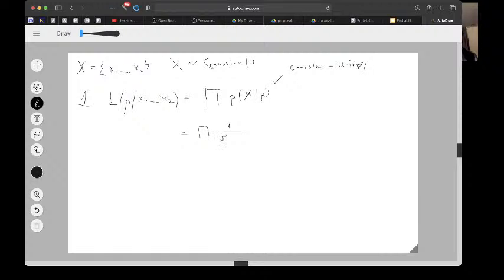That is something like 2 pi sigma squared, and this is over x.